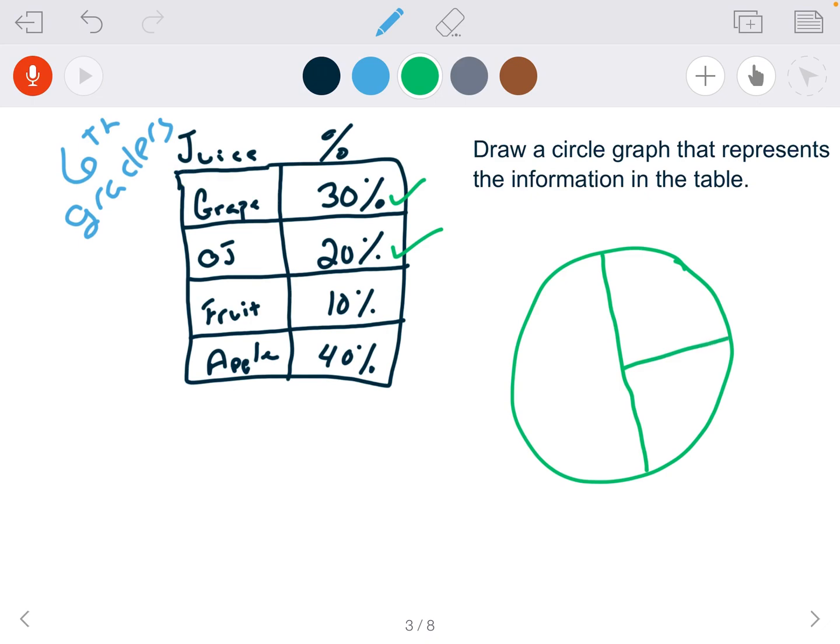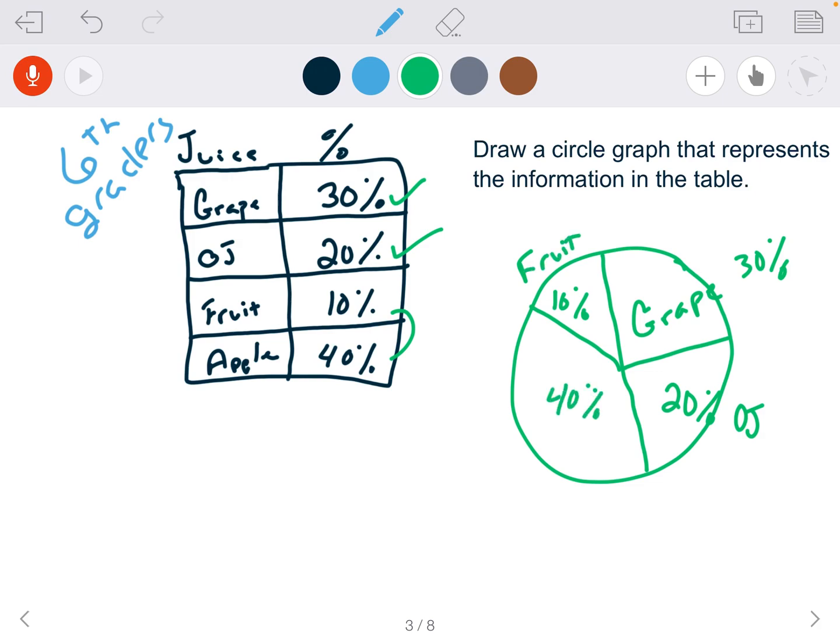So I'm going to put grape here at 30%. And then the smaller one, 20%, is going to be OJ. Then the other 50% is fruit. 10% would be fruit. And then the 40% would be your apple.